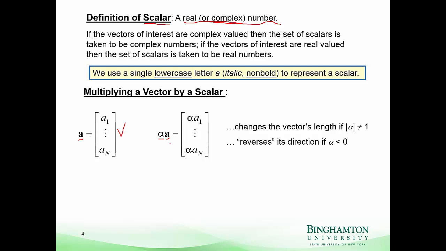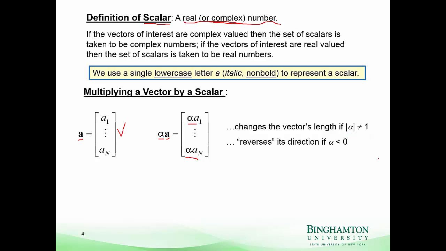And by work, we mean it will be consistent with previous ideas, but will also extend ideas into new fields or new directions that are useful. So we see that we are changing the elements, but what it really does is it doesn't really change the angle at which the vector is pointing, but it will change the length as long as the absolute value of alpha does not equal 1.